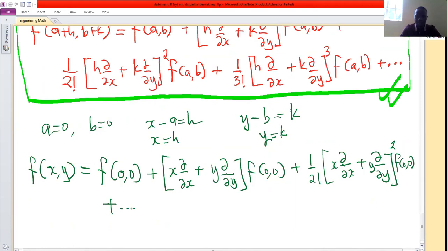So that is how we prove that one. So this special case can help us to solve problems when we are finding the Taylor's expansion of a function at the point 0, 0. So thank you.